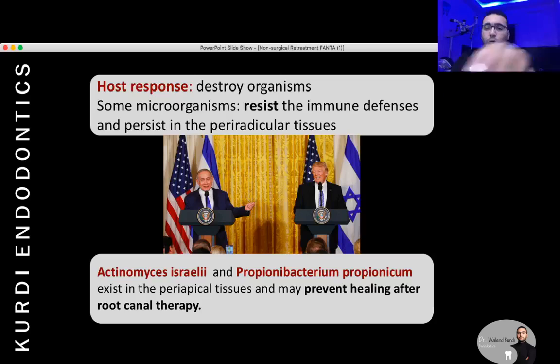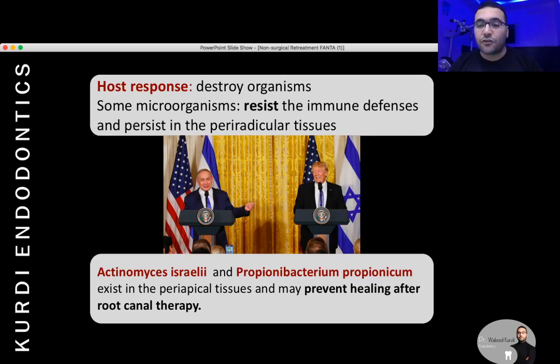And if we are going to talk about infection, and if we are going to talk about bacteria, we have to mention these 2 very dangerous and bad bacteria: Actinomyces israelii and Propionibacterium propionicum.